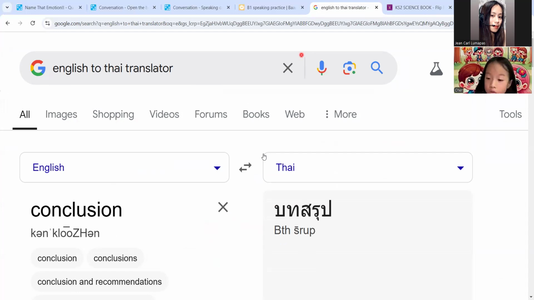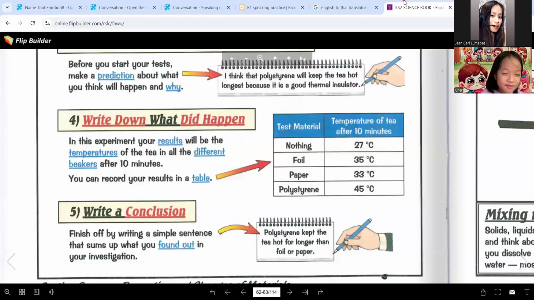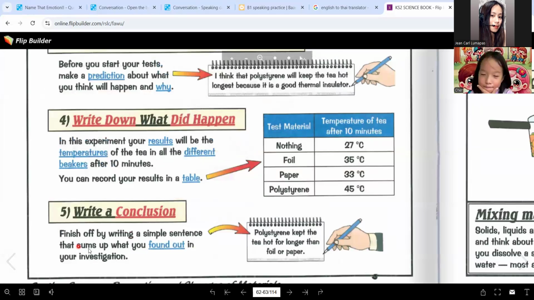Do you understand conclusion? Okay. Conclusion, very good.